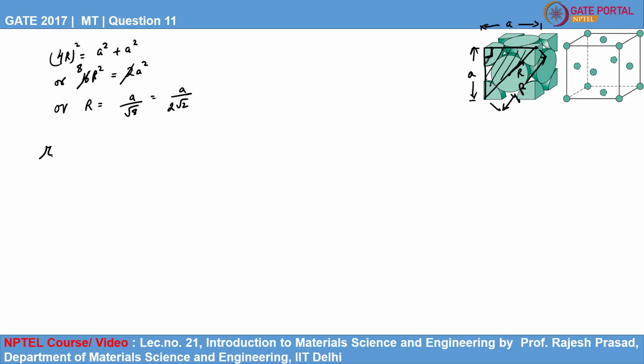Now the largest sphere that can fit into the tetrahedral void is about 0.225 times R, or 0.225 times A upon 2 root 2. You can write it in this way and further solve the problem. What is the value of A given to us?